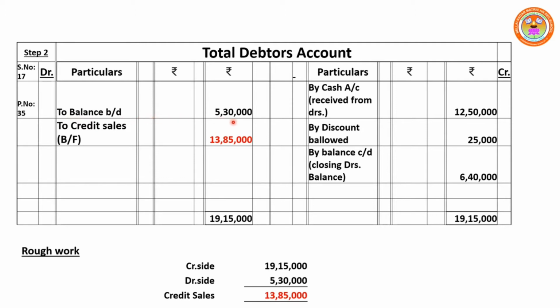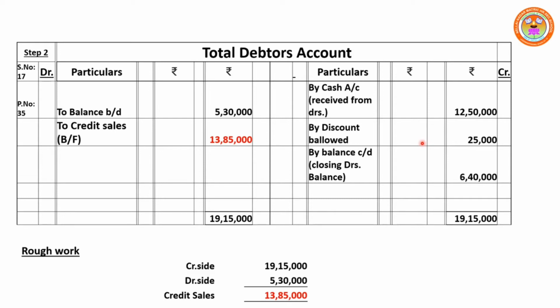Then move on to the credit side. By cash account. That means cash received from debtors, which is given in the question under the heading other details. Cash received from debtors 12 lakhs 50,000. Then what are the items related to the total debtors account credit side?